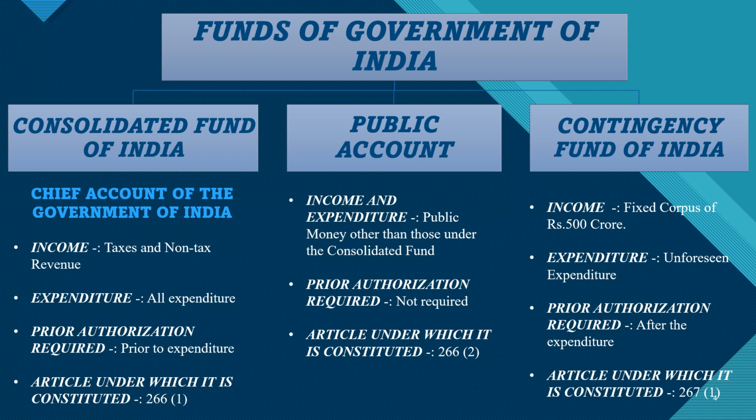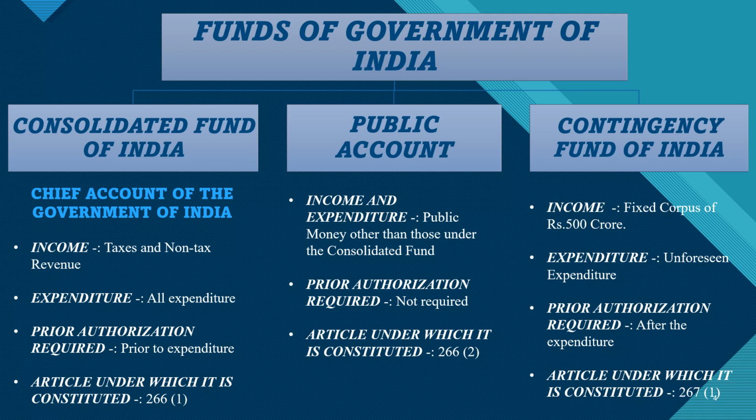And this is made up of the bank savings accounts of the various ministries or departments, the National Small Savings Fund or the Defense Fund, then the National Investment Fund, that is money earned from disinvestment, the National Calamity and Contingency Fund, that is for disaster management, and the Provident Fund, the postal insurances, etc. So all these get credited into the public account fund only.